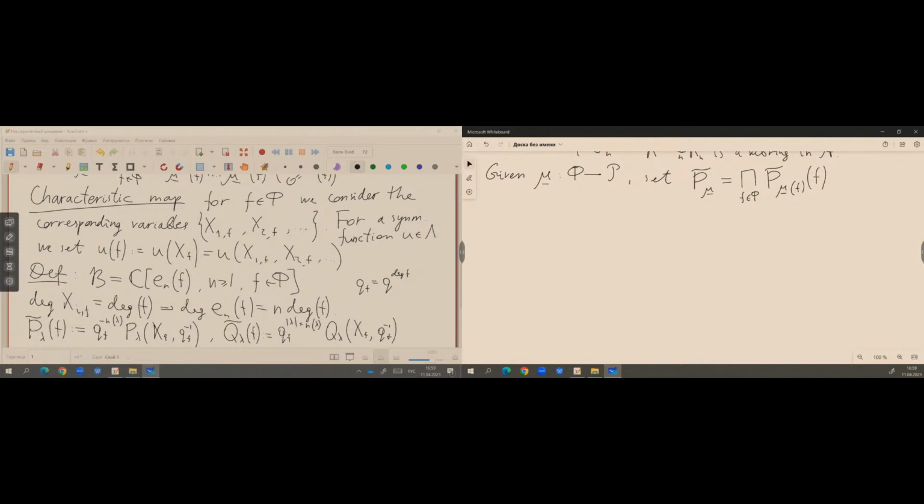The same for Q, Q tilde of the multi-partition.